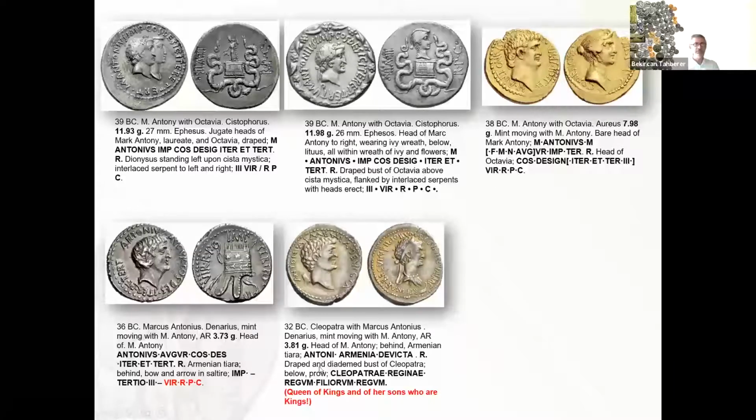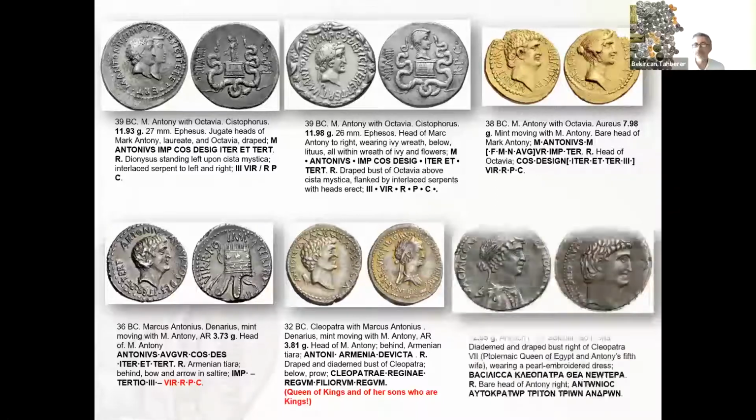And times change, and he decides to consort with the Egyptian queen, and there she takes the other side of his coinage. This one is really interesting in that behind his head is still, he has the Armenian tiara, and on the reverse, the queen of Egypt simply advertises her power. Cleopatra reginae regum filiorum regum, queen of kings and of her sons who are kings.